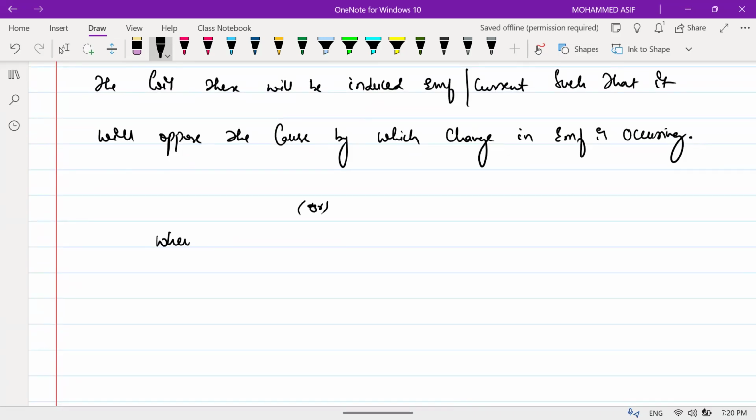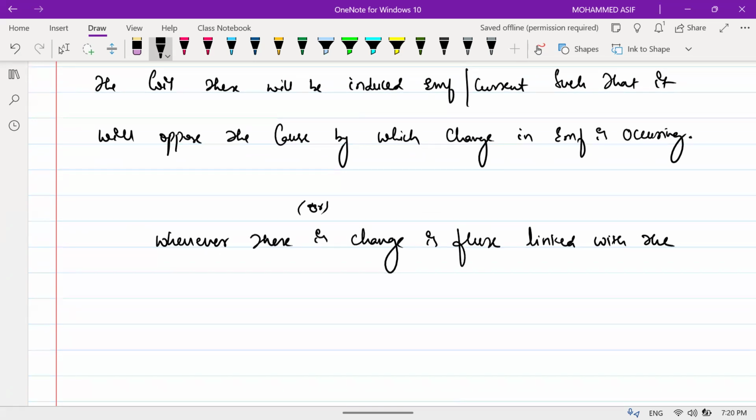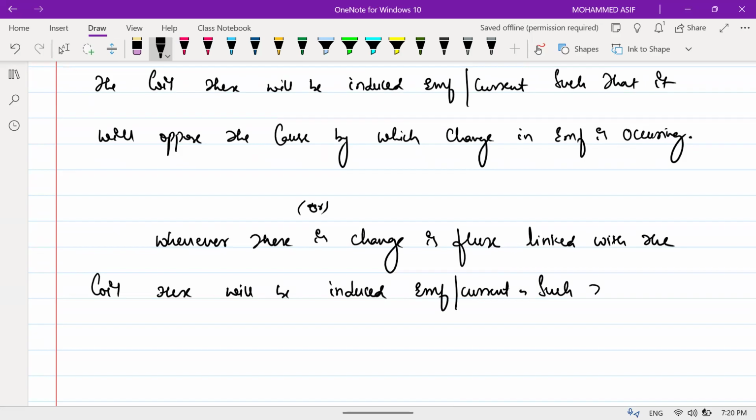Whenever there is a change in flux linked with the coil, there will be induced EMF or induced current, such that it will oppose the change in flux.